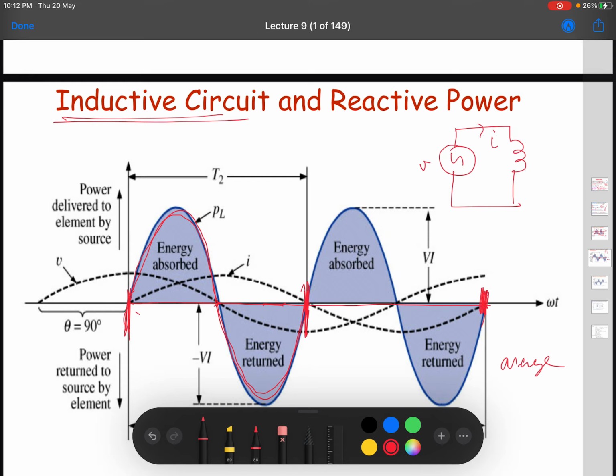So in a cycle of power, this part you call energy absorbed, and this part is said to be energy returned. So this inductor absorbs some energy in the first half cycle, and in the second half cycle it sends the energy back to the source, and this continues. So effectively there is no energy going outside of the circuit. It remains inside the circuit.